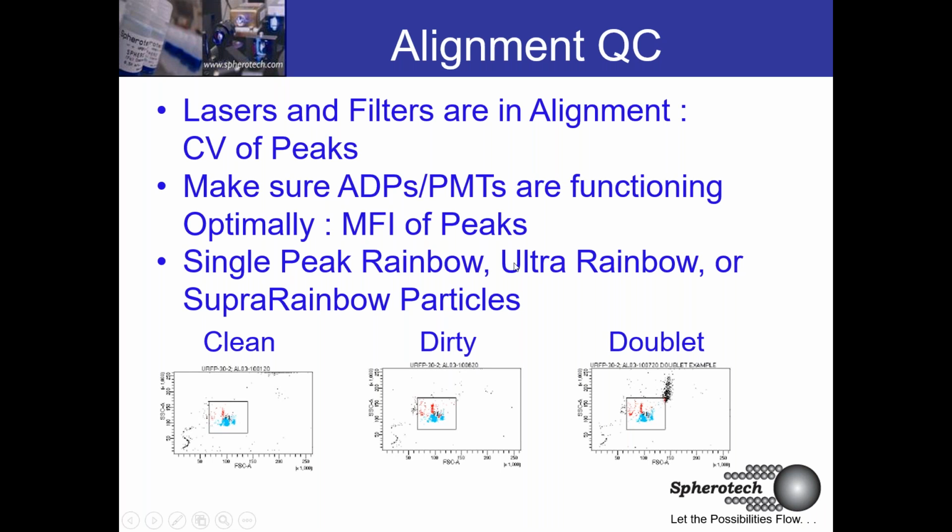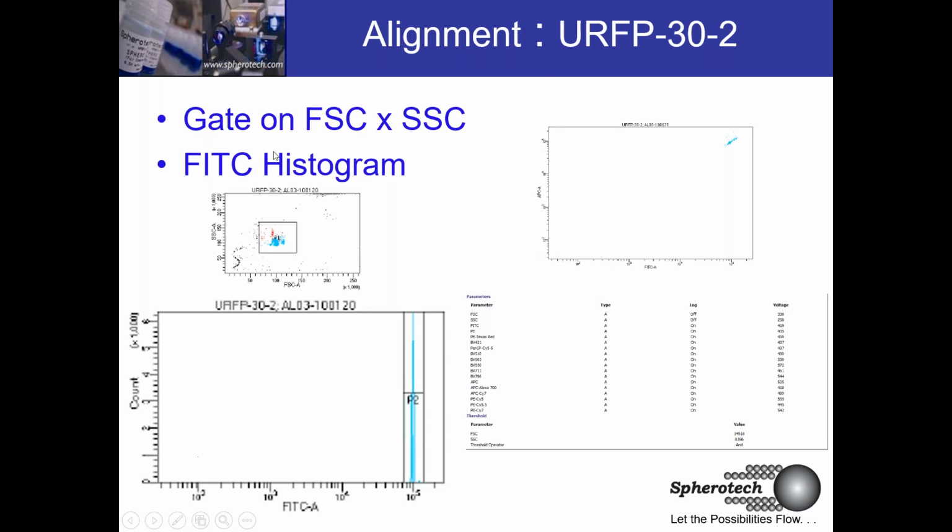So like I said, single peak ultra rainbows are what I'm running here, the ultra rainbow fluorescent particle 30-2. I like to put my peak at 10 to the 5th, right? Some people will argue to put it at 10 to the 4th so you can see the brightness below and above, right?